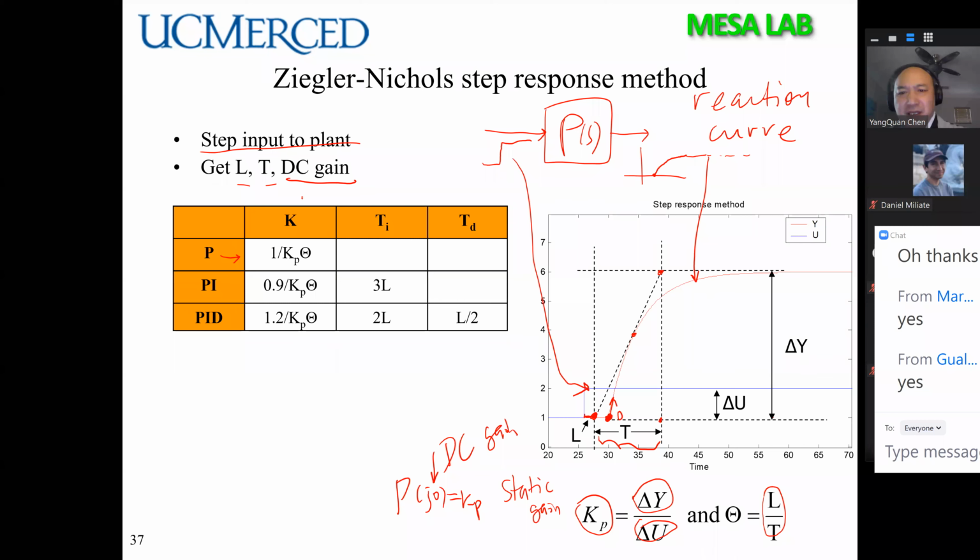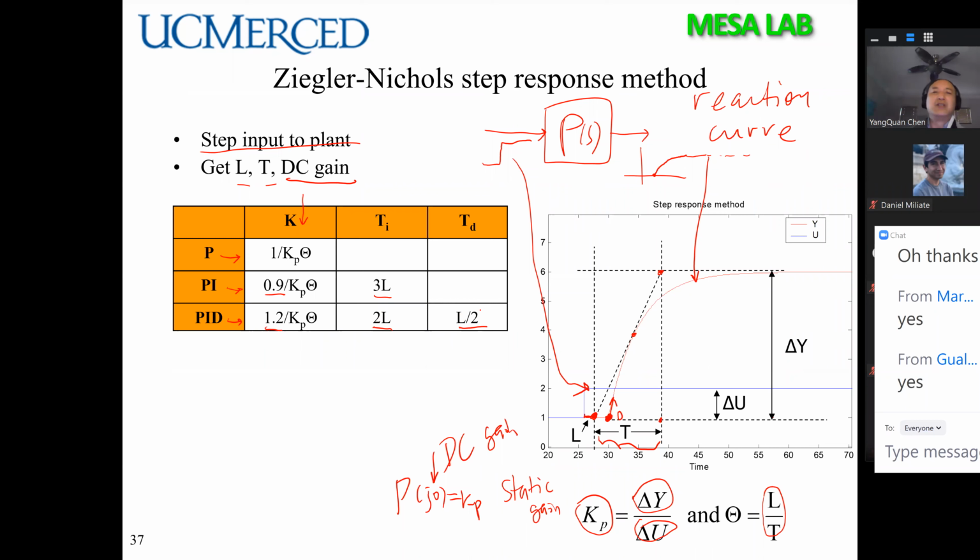Kp should be 1 over Kp times theta. But if I use PI, then I take a 10% discount here, and Ti will be 3L. If I do PID, I do this one: it's a larger gain, then Ti is smaller, and this is half of this.